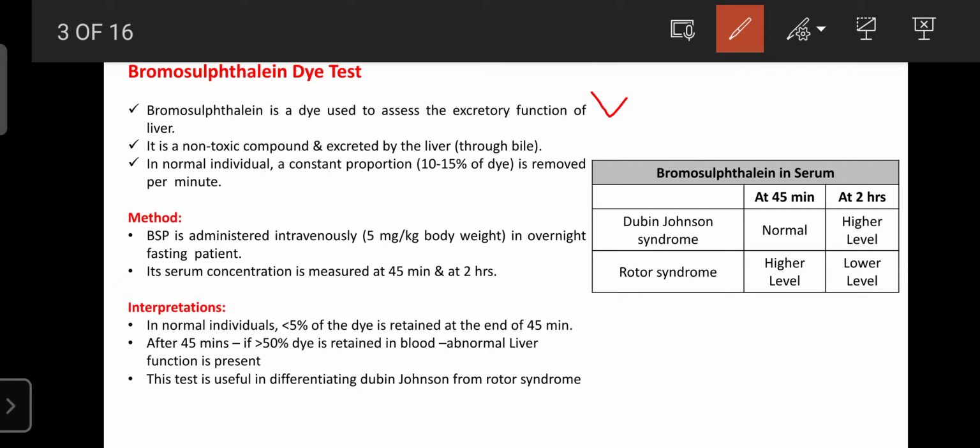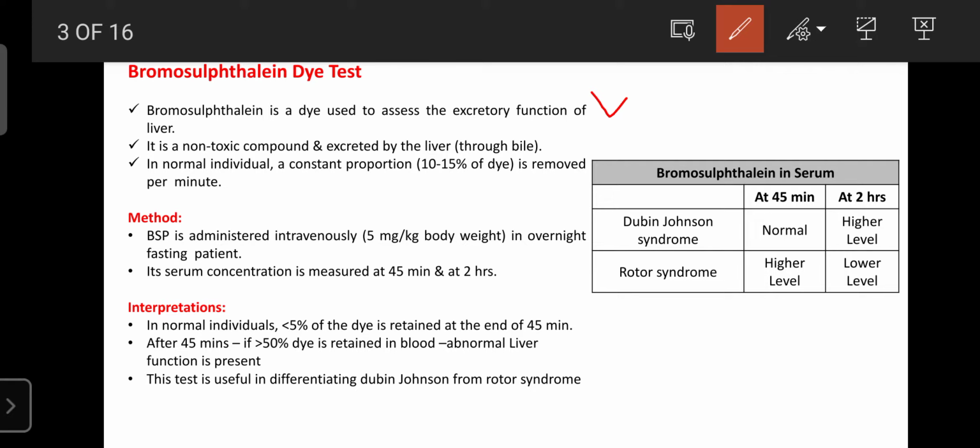Many other toxic substances, including volatile ones, are also there. If you want to know how the liver is involved in the removal of waste material, that can be assessed with the help of administration of the dye, known as bromosulfathalein.